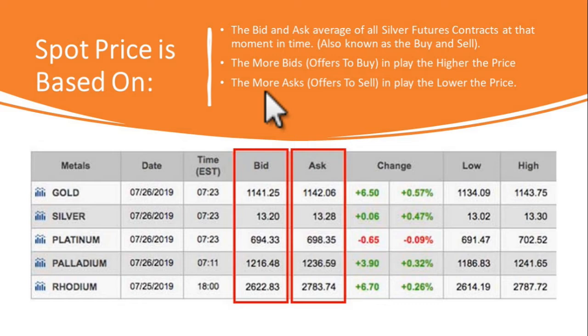The more asks, which are offers to sell, in play, the lower the price. It's supply and demand. The greater the demand, the higher the price. The greater the supply, the lower the price. So this is an example. When you see spot price, you're always going to see the bid and the ask. And remember, this is based on what the supply is and what the demand is.